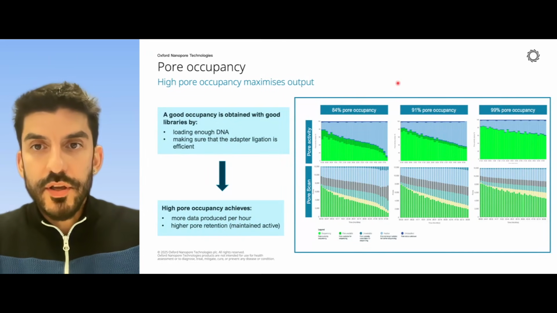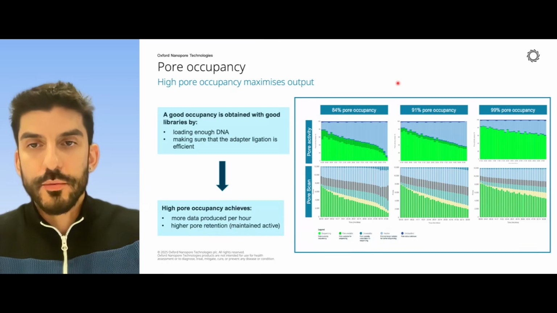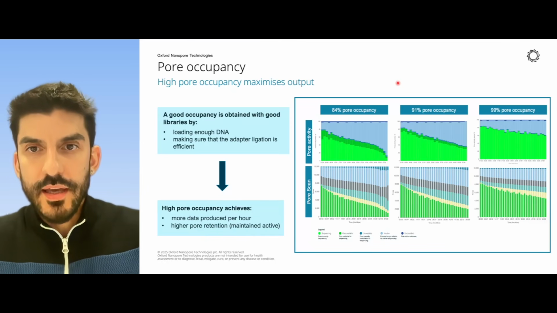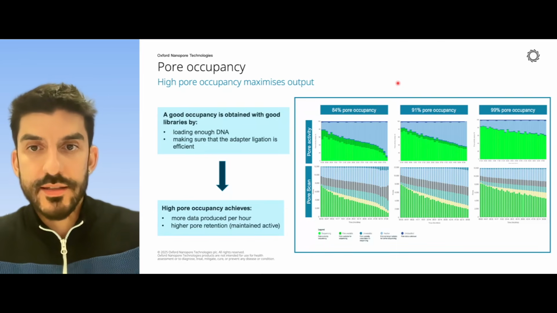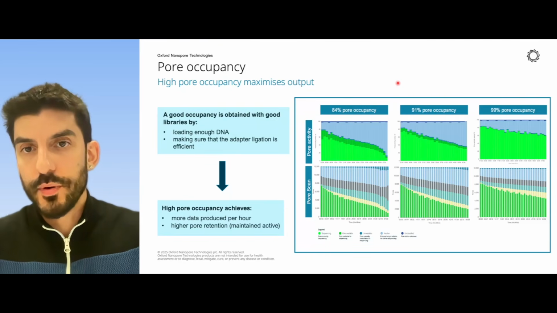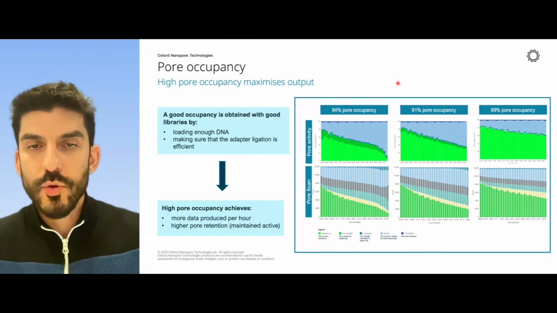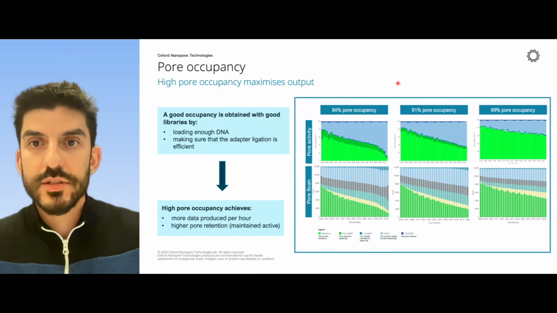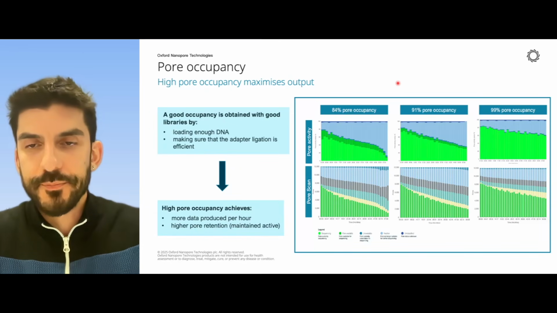Lastly, regarding library, it's also important to think how a longer library affects your pore occupancy. Pore occupancy is a measure of how much time pores are spending in sequencing versus in open pore, or in a state where they don't have a strand on them. So we want to maximize pore occupancy because that means that our flow cell spends the most time in sequencing and you end up acquiring the biggest amount of data.